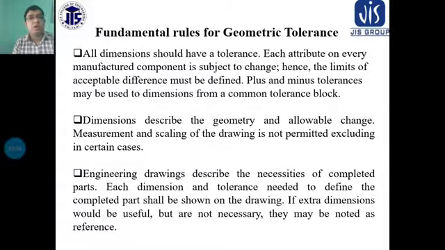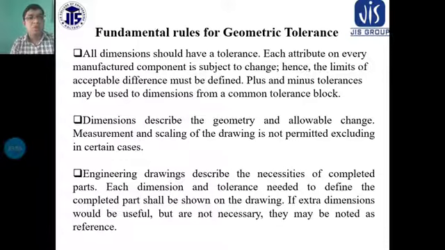And the fundamental rules for geometric tolerance: basically, all dimensions should have a tolerance. That means for all dimensions, otherwise they cannot fit properly and cannot be assembled properly, or for different components, so all dimensions should have a tolerance.